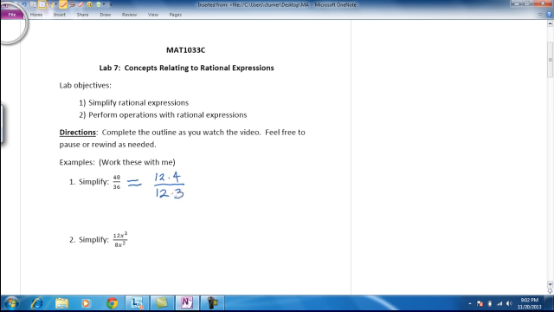Now you could certainly break this down in different ways. Some students even like to go all the way down to the prime factorization, but my thought process here was to try and find the largest factor that divides both 48 and 36 evenly, and that happens to be 12.